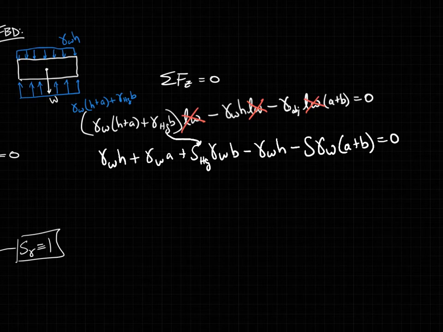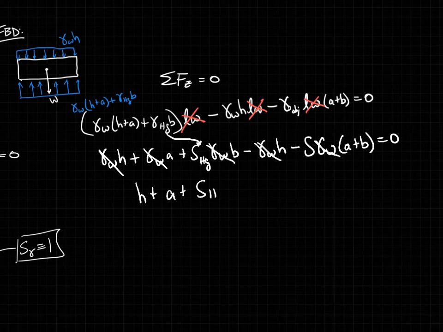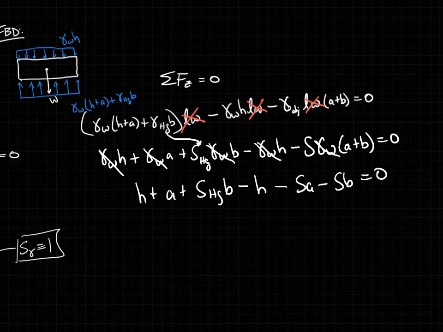And we'll notice that these gamma waters are going to go away, because every single term has a gamma water. So we're going to get H plus A plus SHGB minus H, minus SA minus SB equals 0. Noting that the H's now go away.